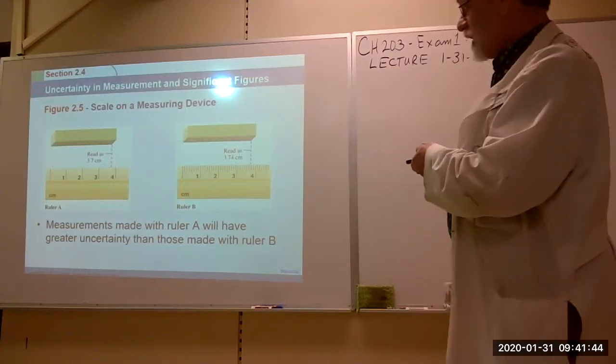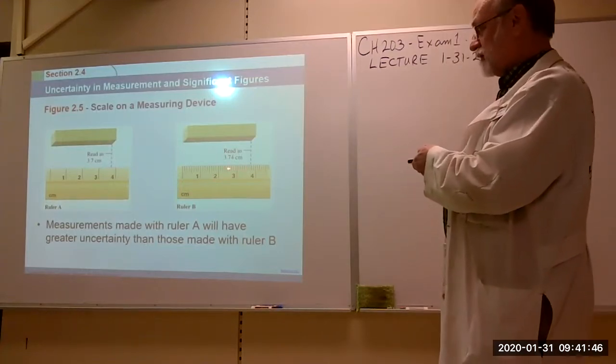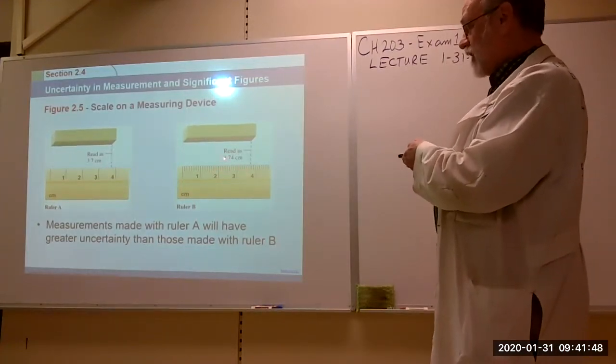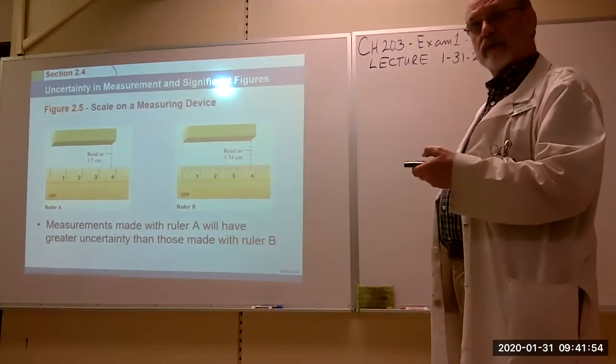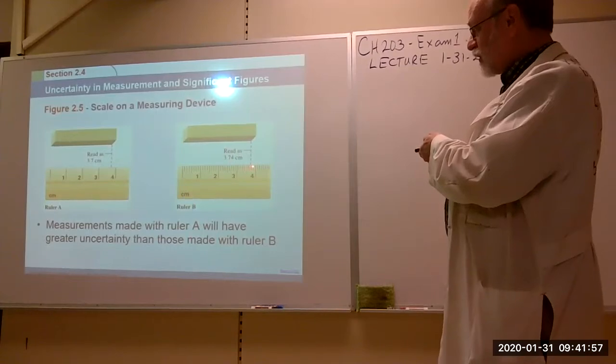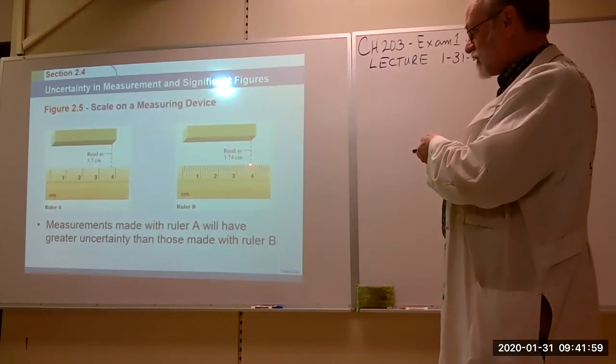Now, if we use a ruler that does have millimeters marked off, then we can say that 3.7, right here, 0.7, is a certain number. So now we go between 0.7 and 0.8 and estimate the distance there.